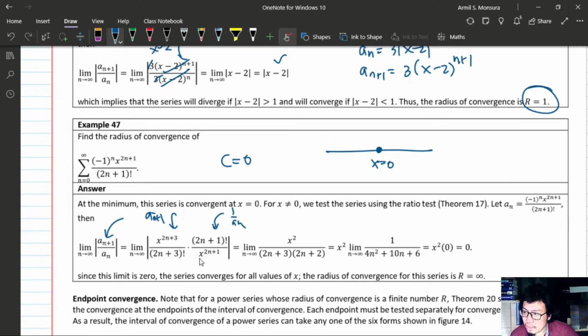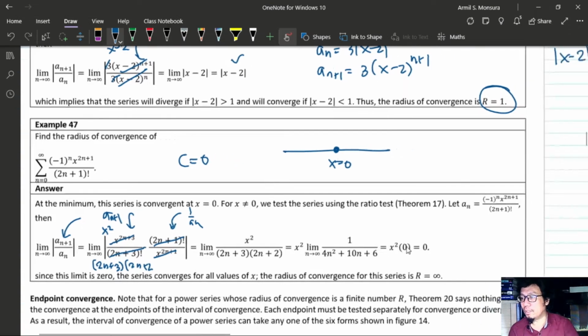Now, these two cancel each other out, leaving x squared. What's left are two factors, 2n plus 3 and 2n plus 2.